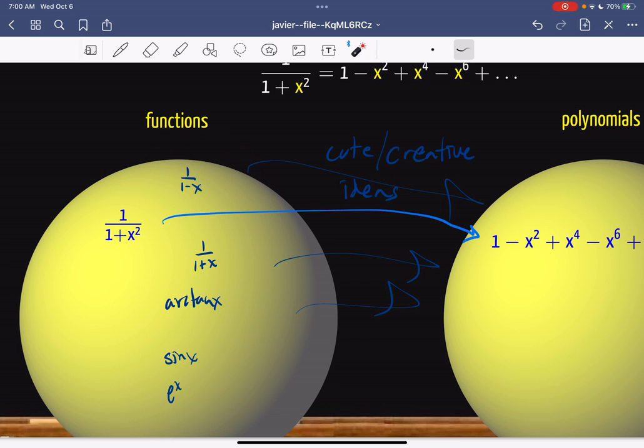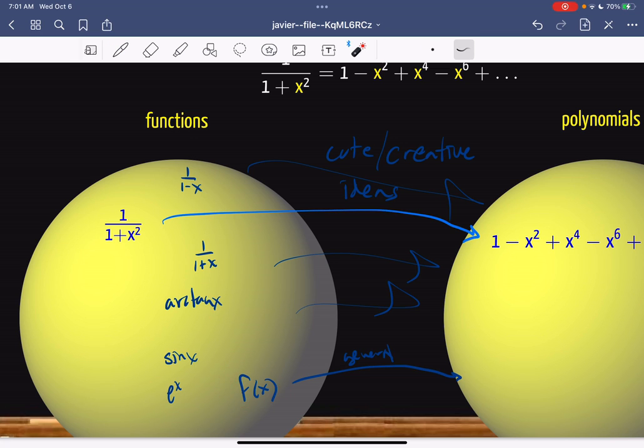But there's a much, much bigger idea that will translate any, well, not any, but any function that has a Taylor expansion, I should say. This idea is super creative.